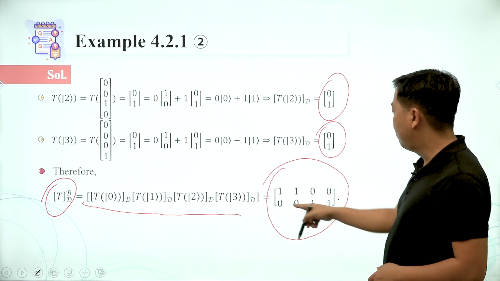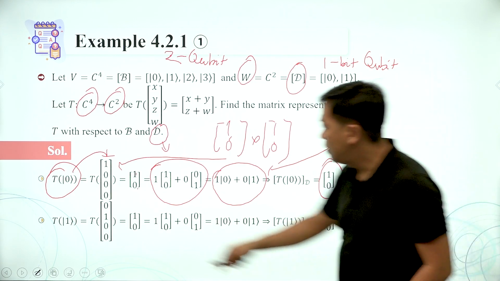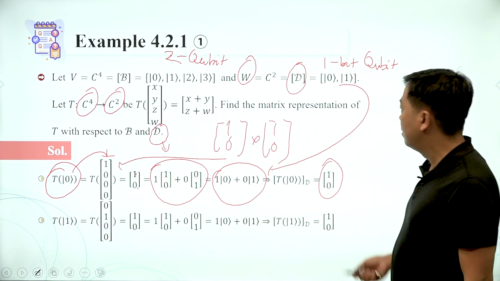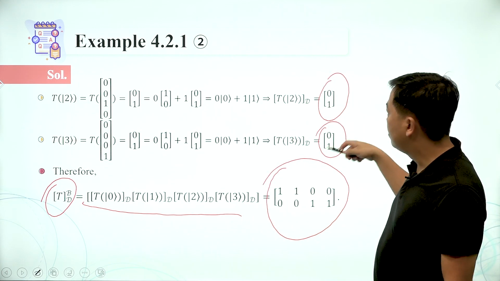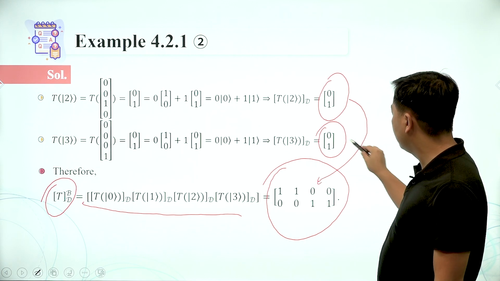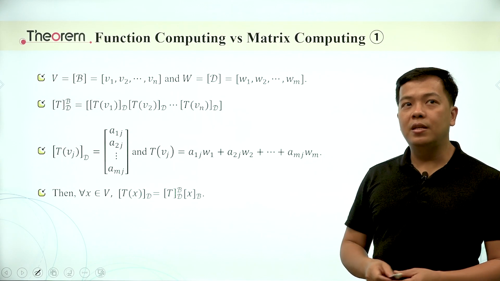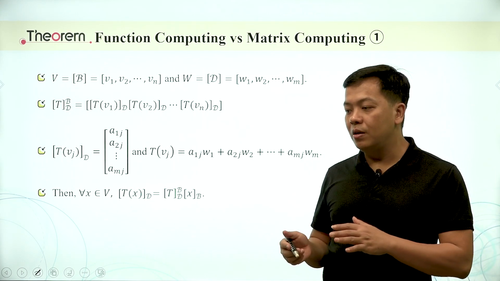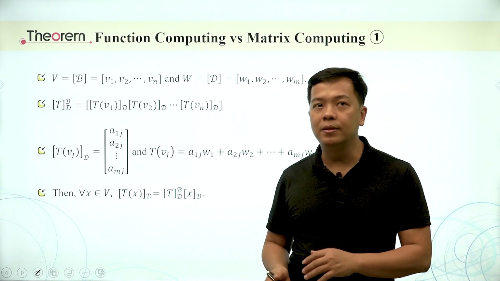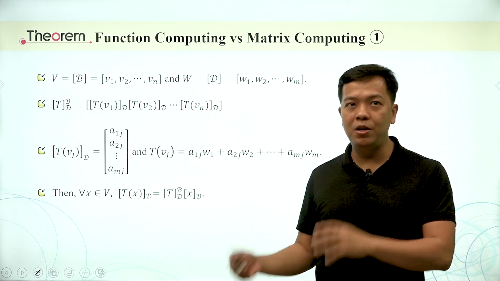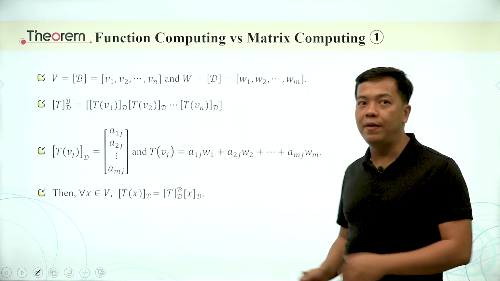Final result combined with this one. You can see this one is equal to this, right? So that is how we define the matrix representation to support transformation by the linear operator between the two vectors.